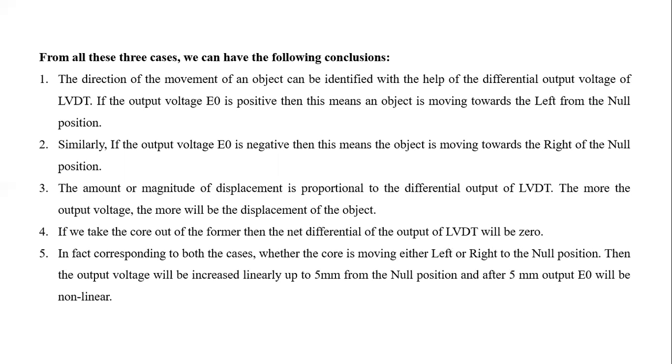In fact, corresponding to both cases, whether the core is moving left or right of the null position, the output voltage will increase linearly up to 5 millimeters from the null position, and after 5 millimeters the output will be non-linear.